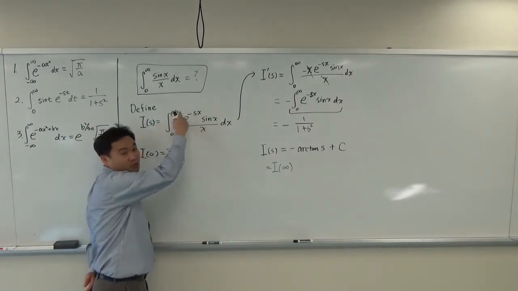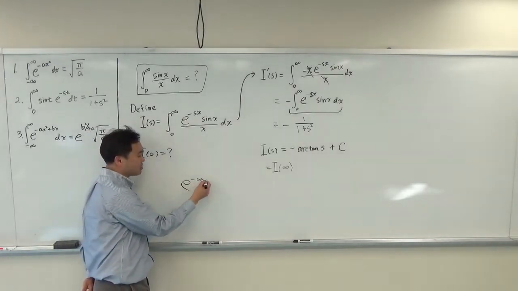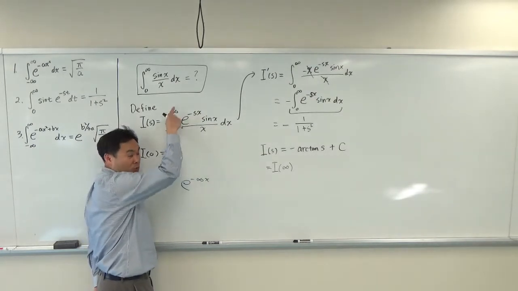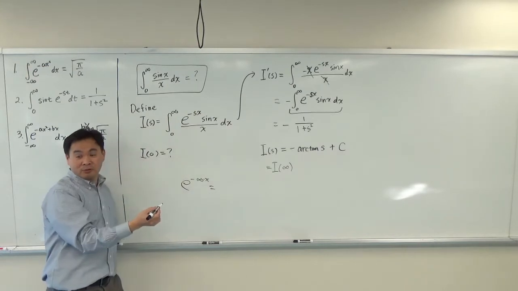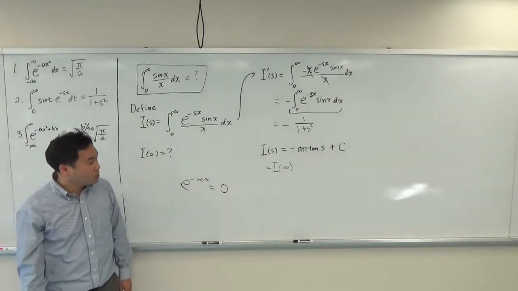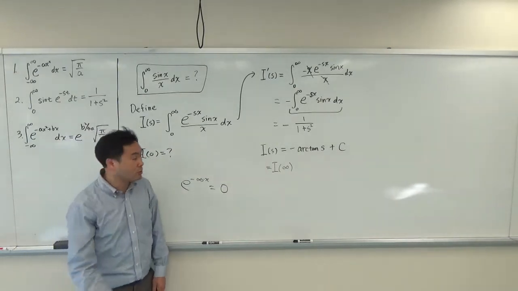What happens to this? What's e to the negative infinity times x? Here x is positive because it goes between 0 to infinity, right? So what is that? 0. E to the negative infinity is 0. So I of infinity must equal 0. Okay.